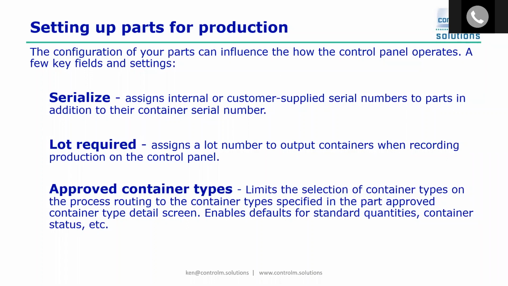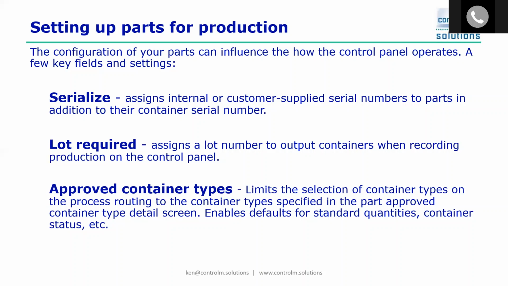So in most PCNs, when your PCN is created, this setting is not enabled, so you may not know that you own it, or that you have it. But there is a setting that turns on a serialized flag on the part screen, on the parts detail screen, that allows you to assign internal or a customer supplied serial number to your parts to the container serial number, so associated with the Plex container serial number.